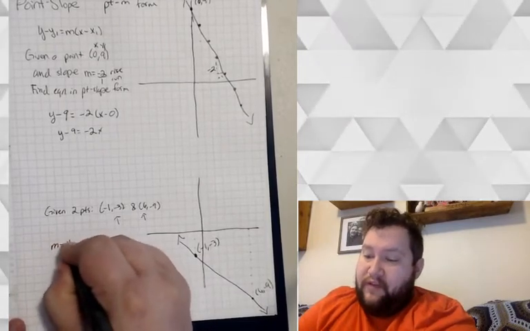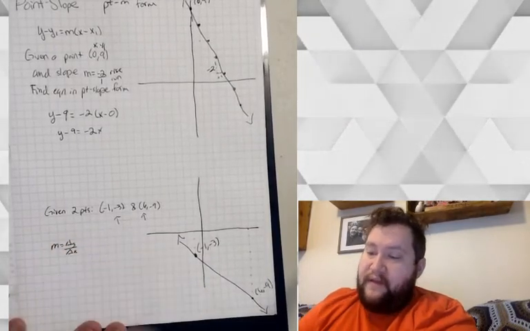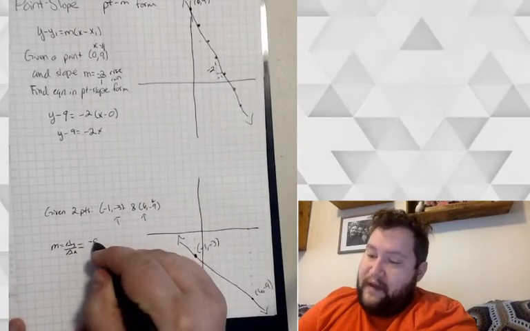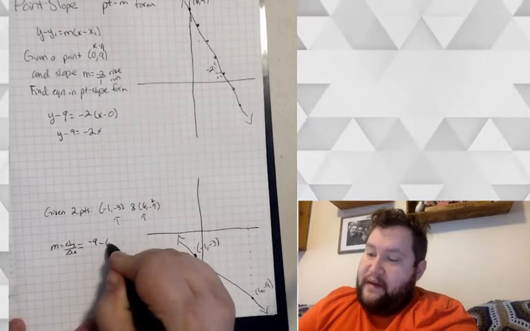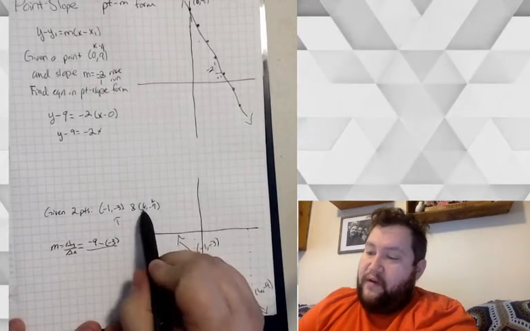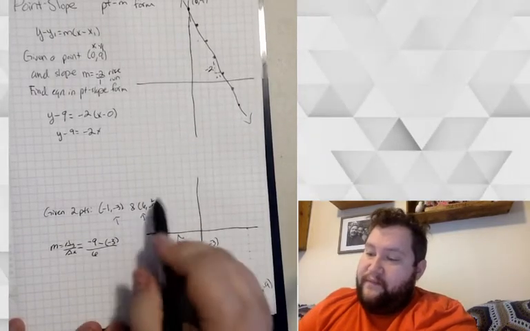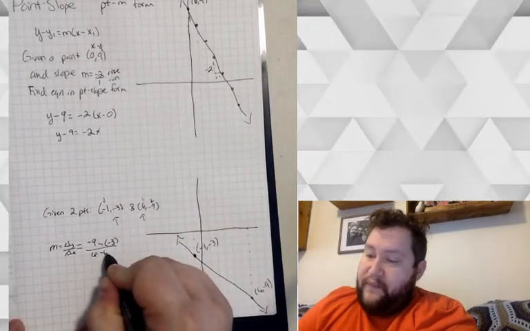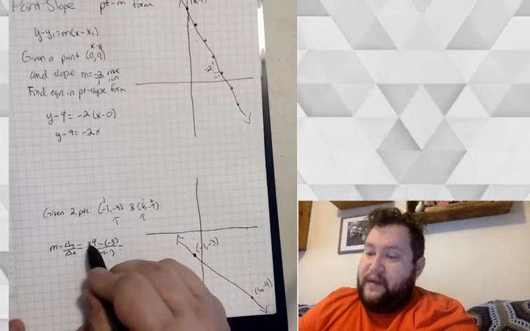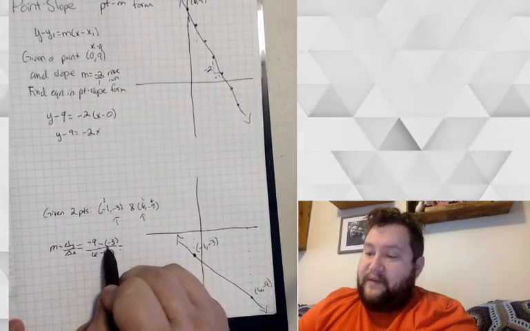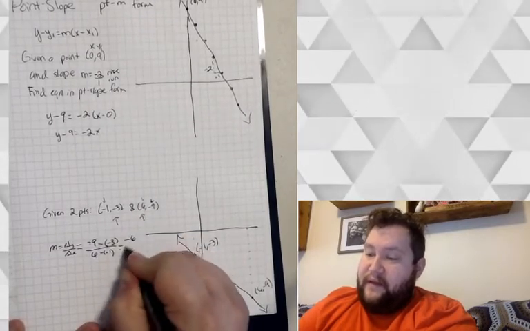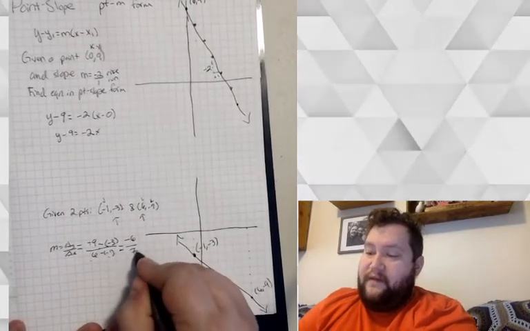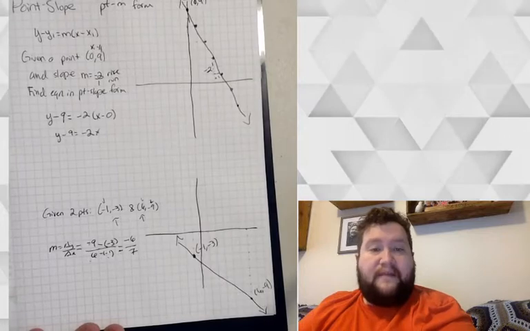m is change in y over change in x. So y2, negative 9 minus negative 3, over 6 minus negative 1. Negative 9 minus a negative is plus 3. Negative 6 over 6 plus 1 is 7. Our slope is negative 6/7.